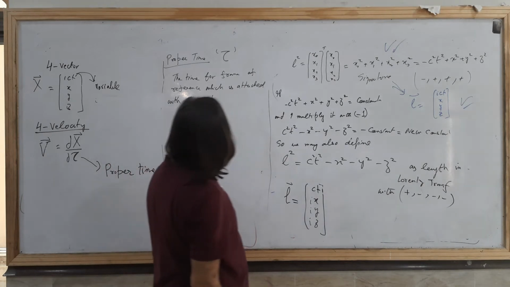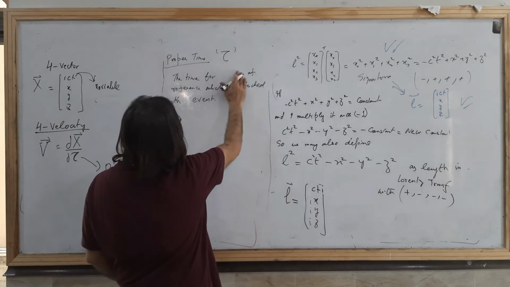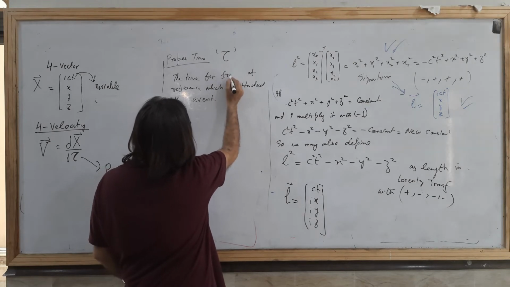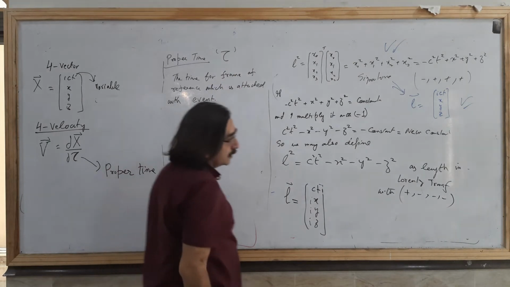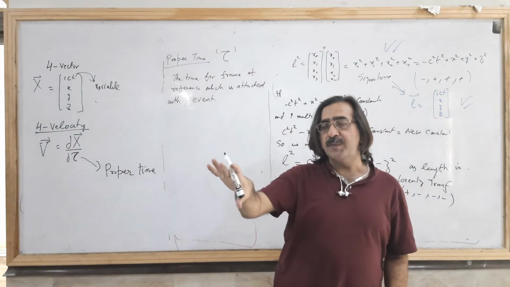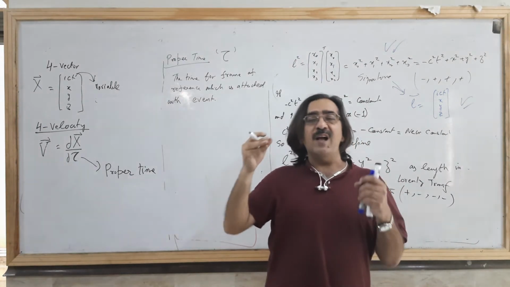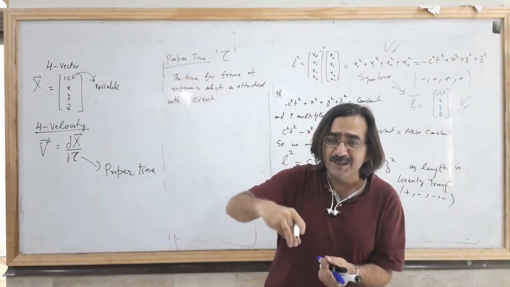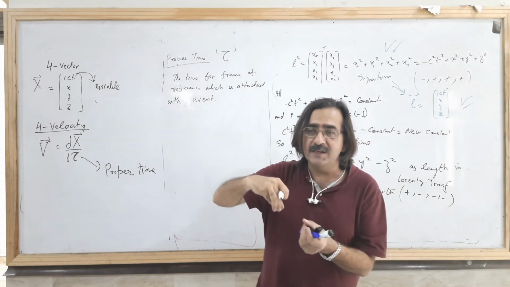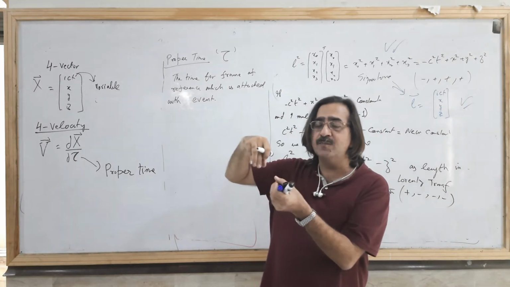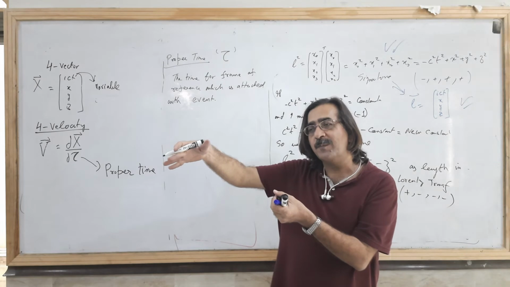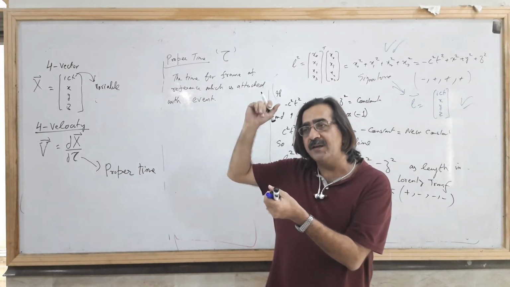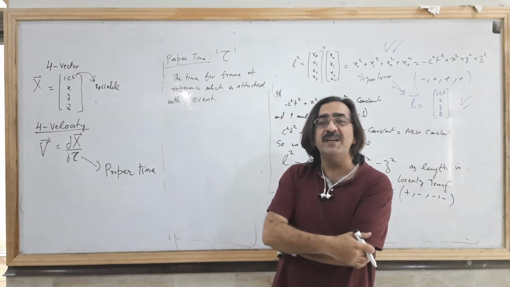The time for frame of reference. Frame of reference I have already explained, that is the observer. If the observer is attached, if the observer is moving with the event, I have already explained it in the time dilation.